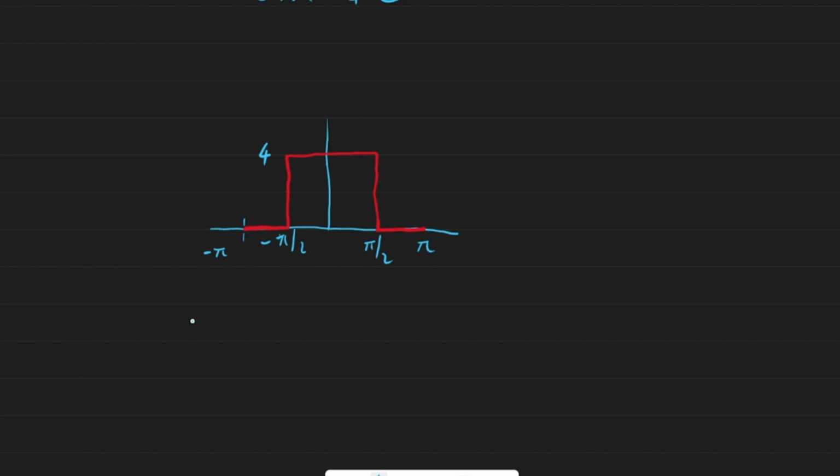If we were to write the Fourier series for this, we would remember from the previous video, I think this was the first Fourier series that we had written. You can look back at the video where we determined the Fourier coefficients and did the first example. So this was that first example.